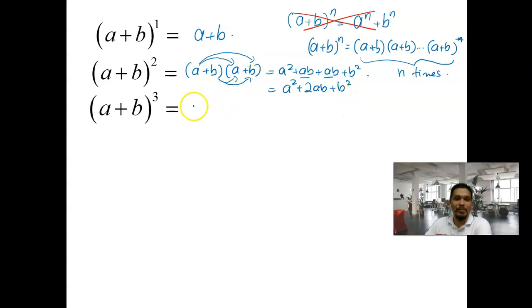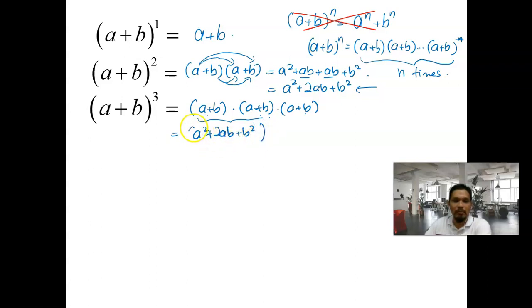Okay, what about this one now? (a + b) multiplied with (a + b) multiplied with (a + b). This appears 3 times or thrice, 1, 2, 3. For this, we can refer to this one now: a squared plus 2ab plus b squared multiplied with another (a + b).